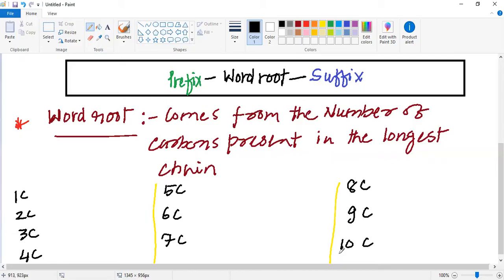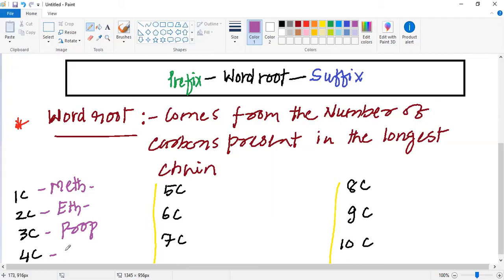So, my dear students, for 1 carbon, we will write meth. For 2 carbon, we shall write eth. For 3 carbon, we'll write prop.